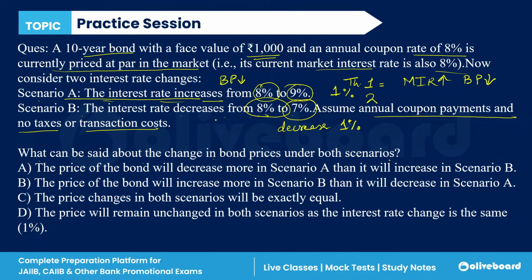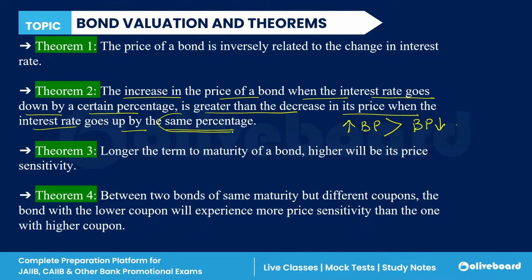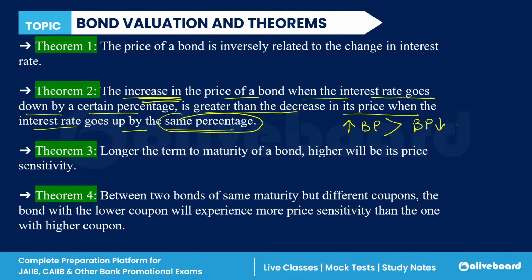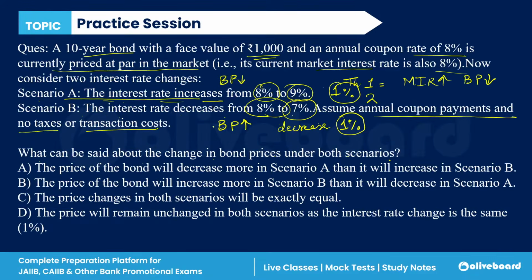In scenario B, when the market interest rate is decreasing, obviously the bond price will increase. And the change is exactly the same, 1%. So when there is the same percentage change in the market interest rate, always remember the increase in the bond price is greater than the decrease. So in scenario B, the bond price increase is greater than the decrease in scenario A.